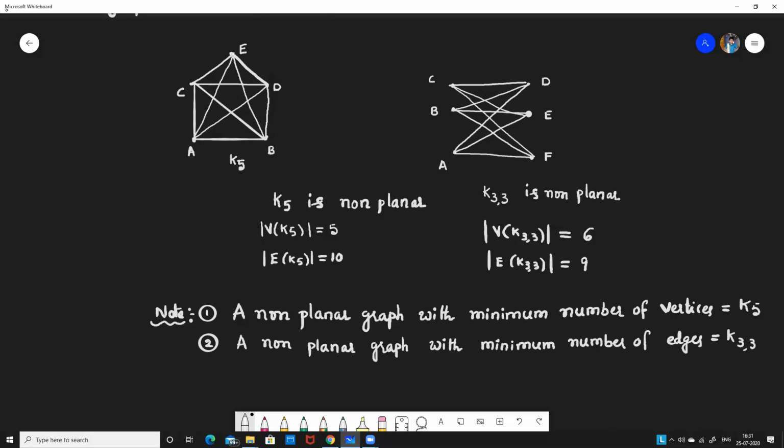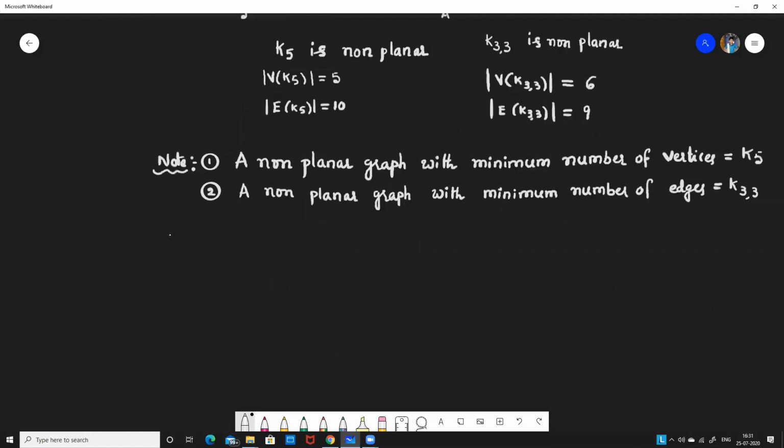This is the non-planar graph with the minimum number of edges, K33. Right? So these are two important points regarding non-planar graphs. Please remember these 2 points.